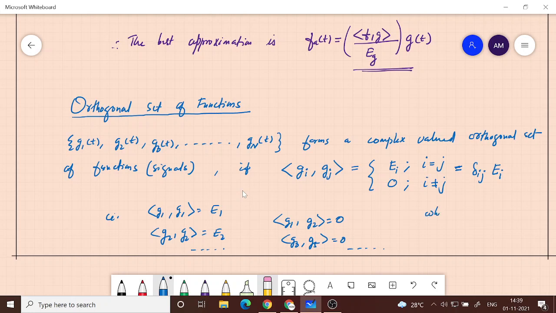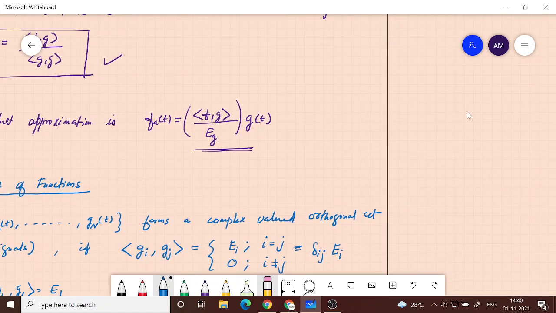Here delta_ij is the Kronecker delta, not the Dirac delta. Dirac delta is delta of t, this is delta_ij. Is it clear to everyone, the property of an orthogonal set of functions?